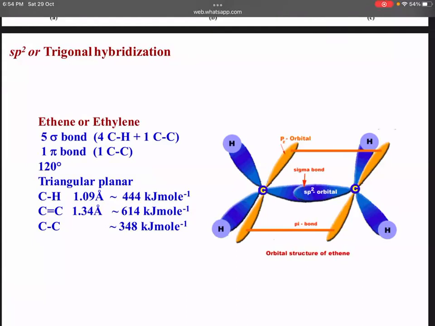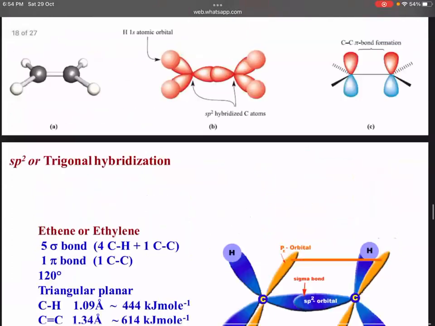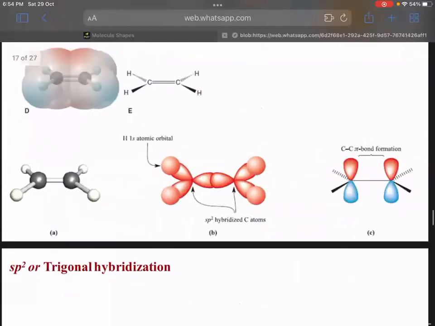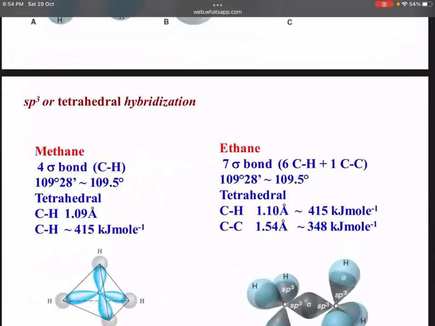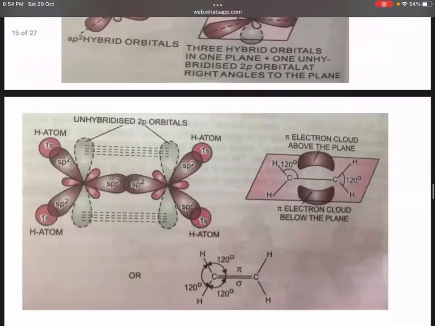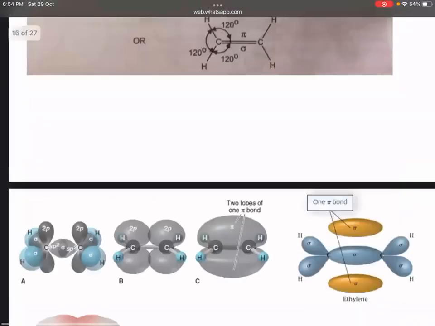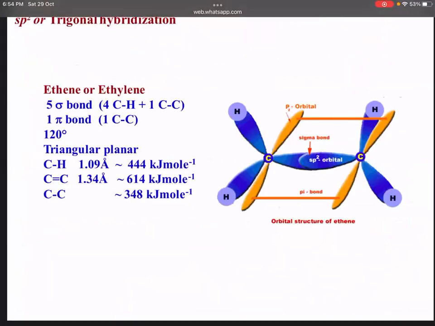Look here, when it's a single bond, it is 1.54 angstrom for carbon-carbon. For the carbon-carbon double bond, it is 1.34 angstrom.